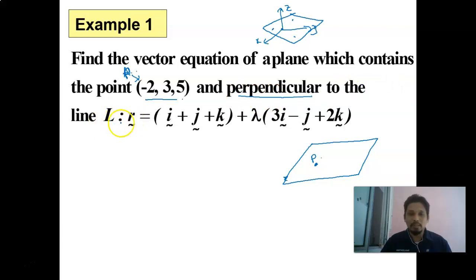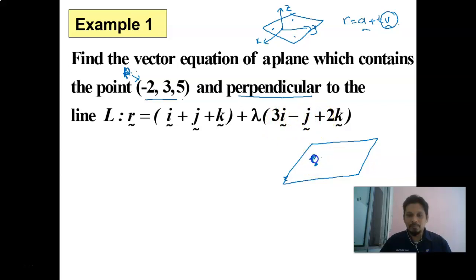Equation of the line: r equals a plus t times the vector v. So this vector v is our direction vector. This is our reference. Then we look at this one here, 3, -1, and 2.